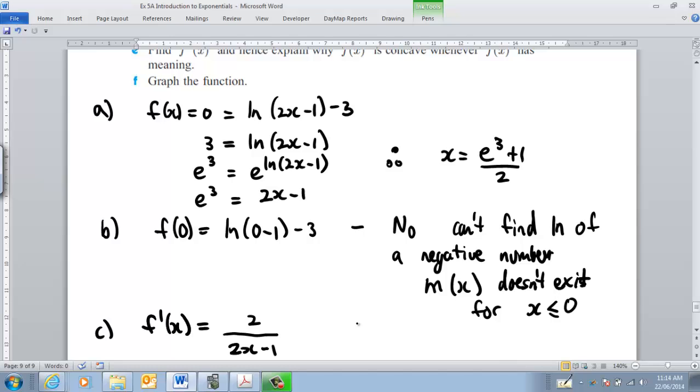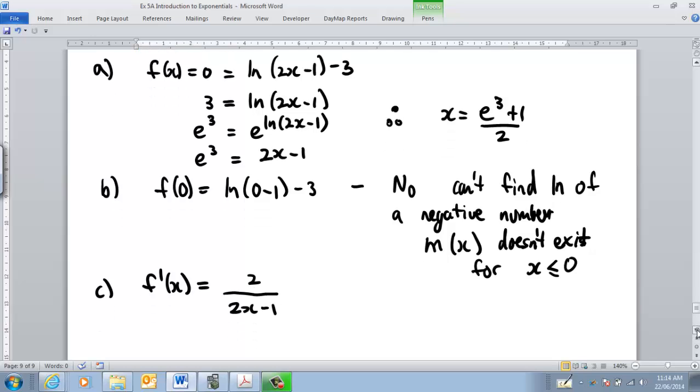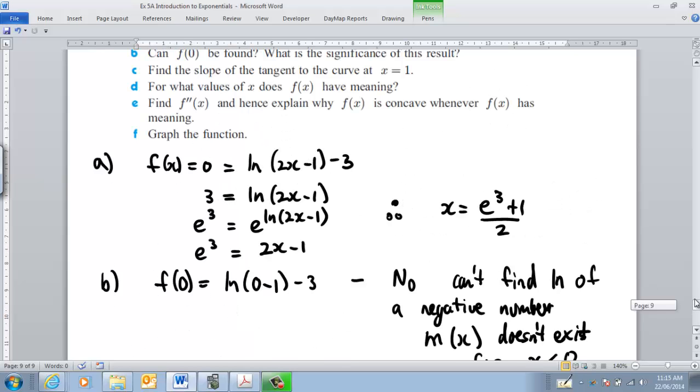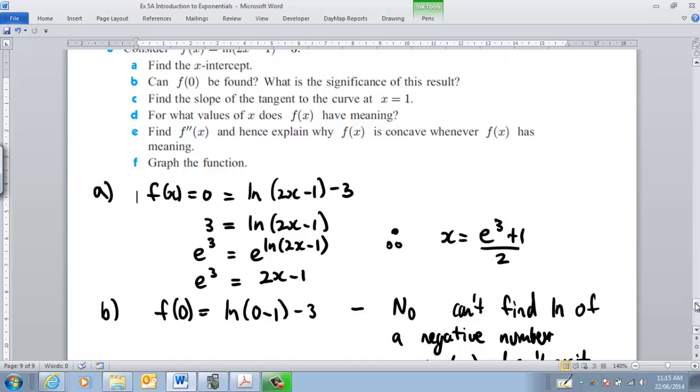We're looking to find this when x is equal to 1. So therefore f dash of 1 is equal to 2 all over 2 times 1, take 1. Now 2 times 1 is 2, take 1 is 1, so therefore it's going to give me a slope of 2. Now if they ask us to find the equation of the tangent, then we could easily do that. But we've only been asked to find the slope, so that's fine.